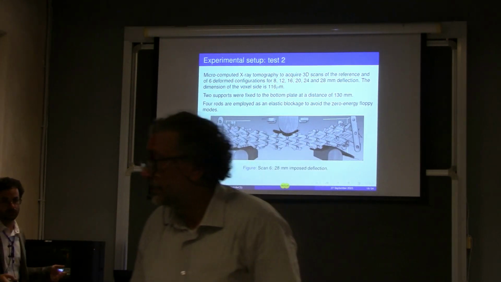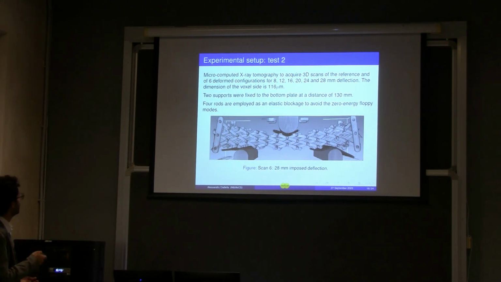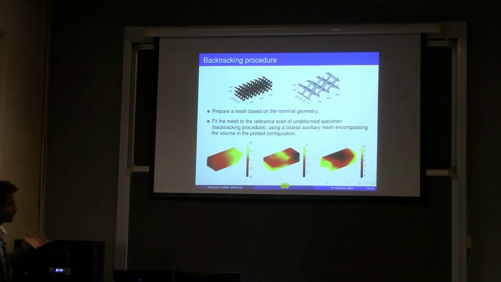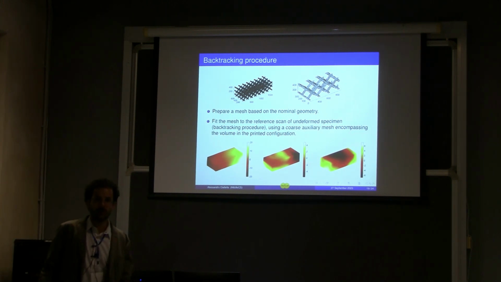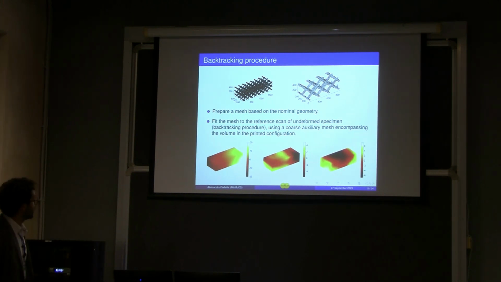Again, we did the experiment in the tomographic chamber, so we could acquire 3D scans, and we had to proceed as we did before. Again, first step is backtracking. We can make use of the macro auxiliary mesh, and everything is quite standard right now.